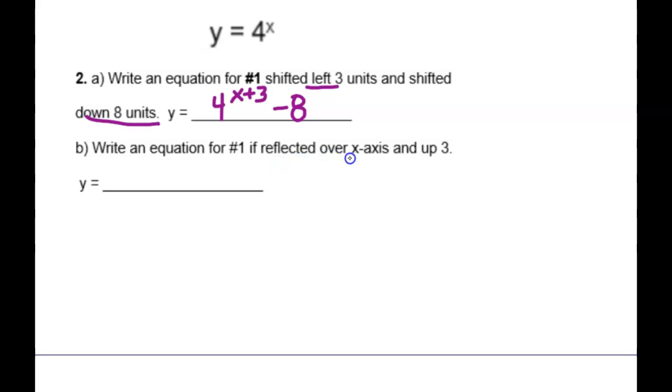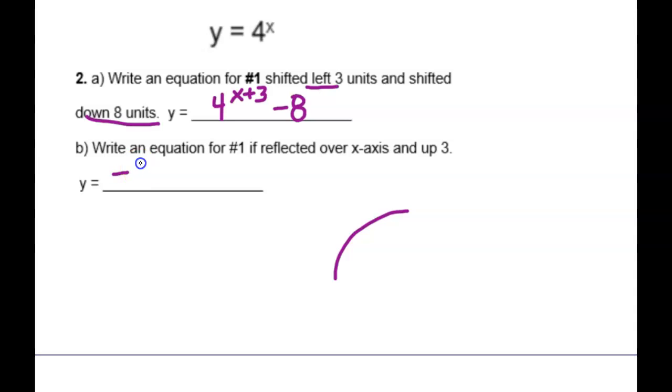What if it said reflect over x and up 3? Reflect over the x-axis means it's going to go this way. Okay? It means it's going to have a negative, but where? Does it change the x's or the y's when you flip it that way? Changes the y values, so it's on the whole function.